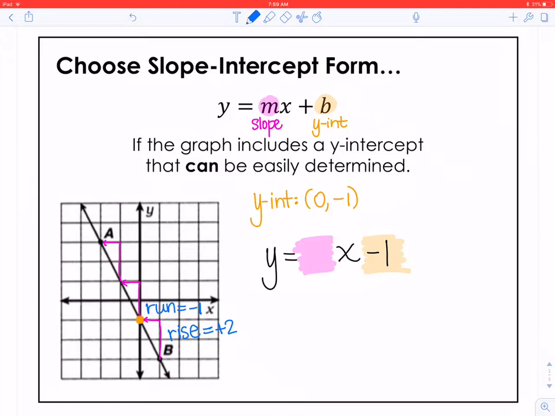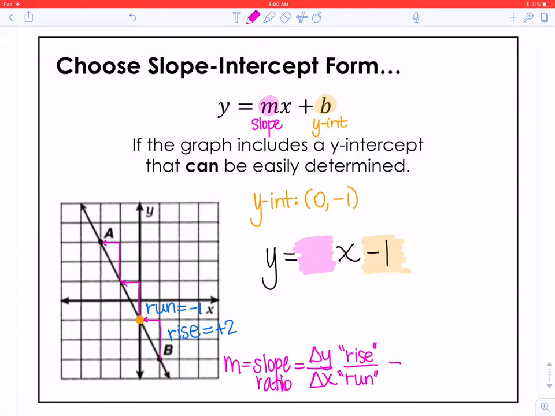All right, we know our slope is going to be a ratio, change in y over change in x. From your 8th grade, you remember it as rise over run.